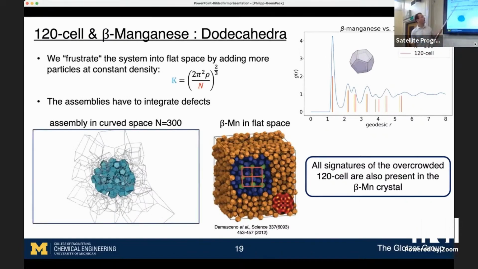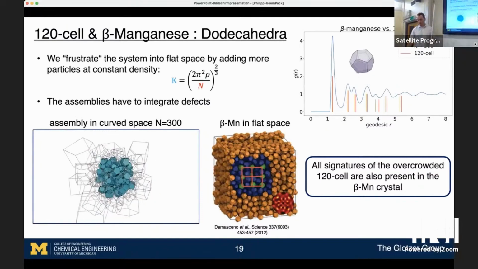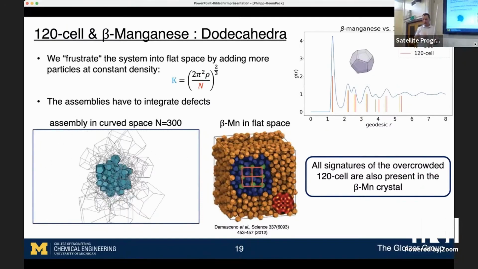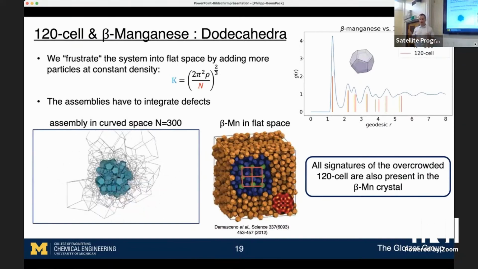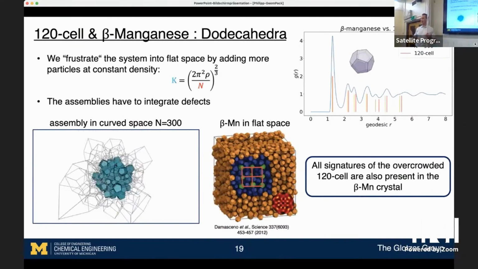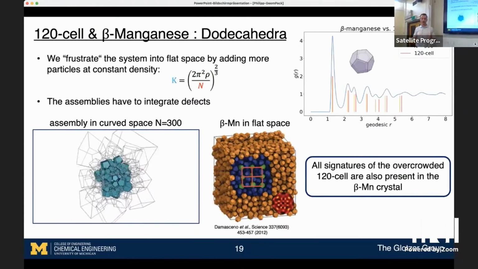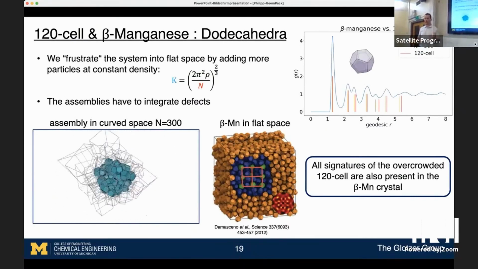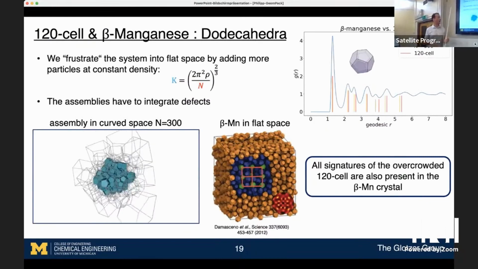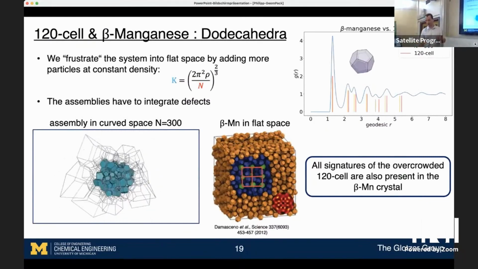So this is pretty much the relation between the curvature and the number of particles if you keep the density constant. And like in the two-dimensional case, the system now has to introduce defects into the structure, such that it can't perfectly tessellate space anymore.